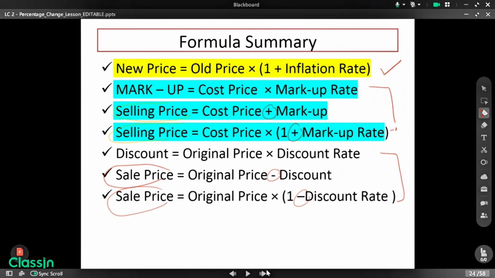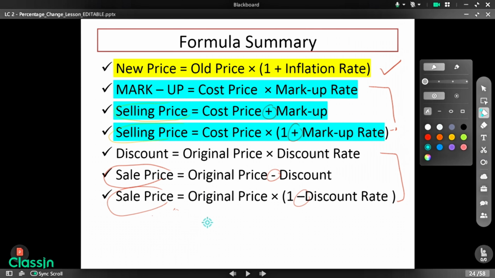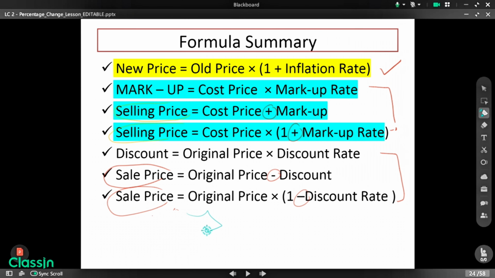Just like in a mall, if you've seen a shirt, imagine a shirt that has a 10% discount. Let's say the original price of this shirt is 1,000 pesos, and it says that it is on sale for a discount of 10%.